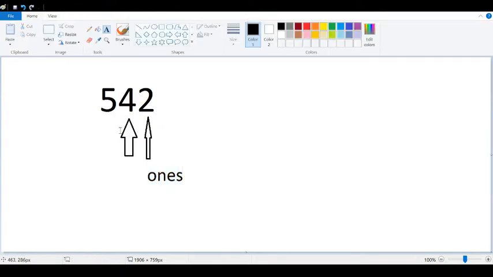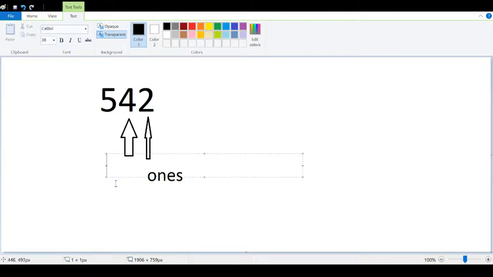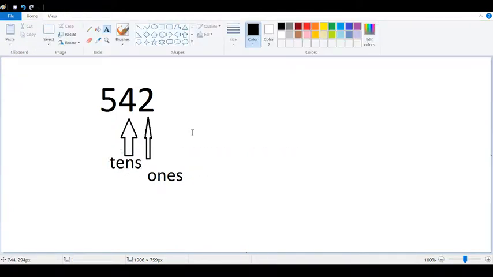So this is the ones spot, and then you have the number 4, which is in the tens place. Some people may call it tens place, some people call it tens spot. Well, typically when we're talking about place value, we're going to talk about what place that number's in.